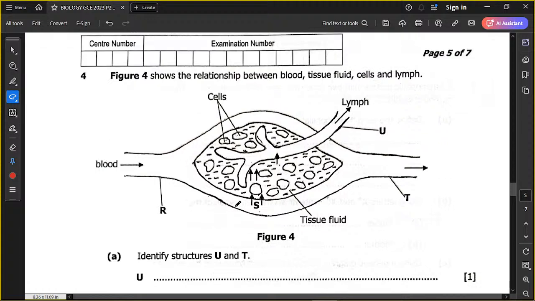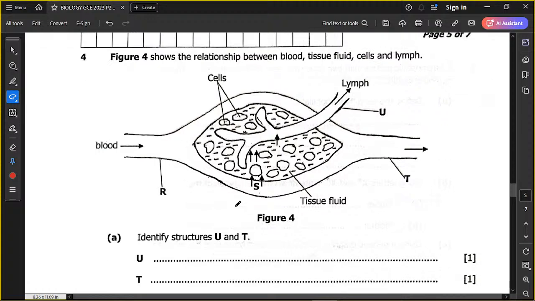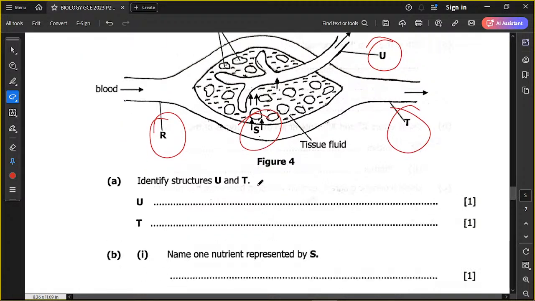Okay, we come to question 4, which is: figure 4 shows the relationship between blood, tissue fluid, cells, and lymph. You can take time and study the diagram, paying attention to these parts. After that, we can go ahead and answer the questions.